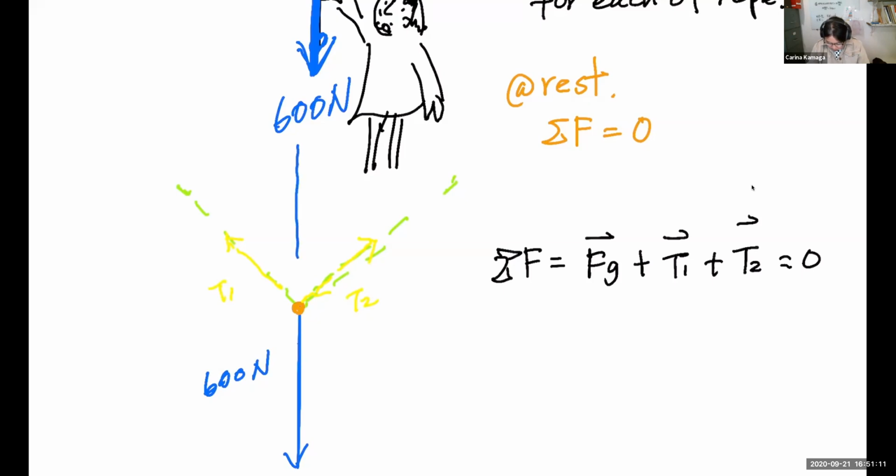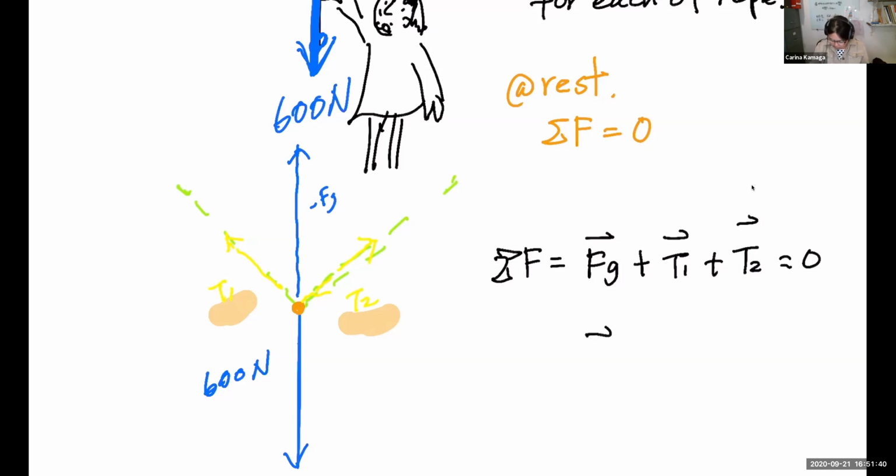This is the opposite of the 600 Newton, vertically upward. Now we can say T1 plus T2 is equal to minus gravitational force.